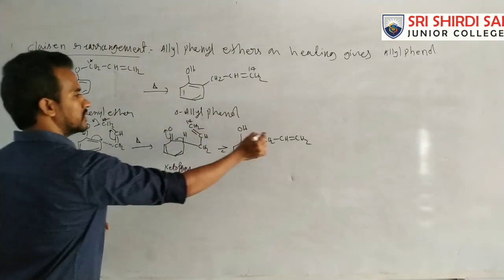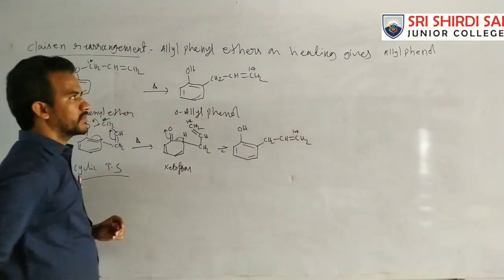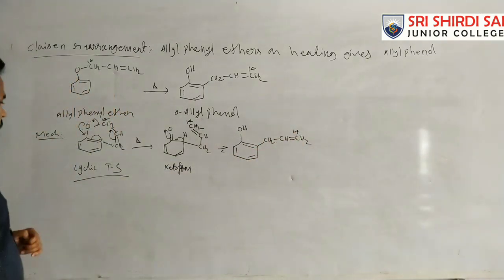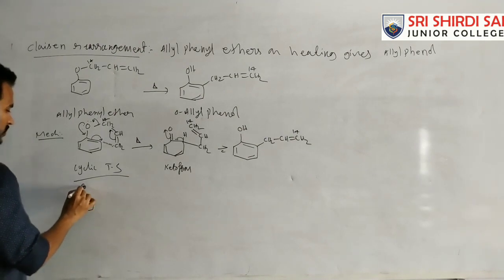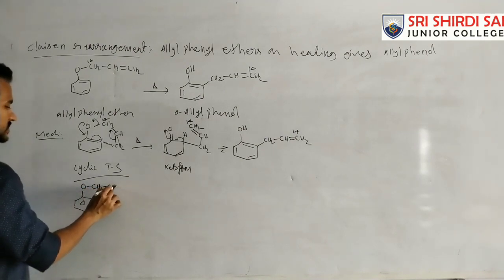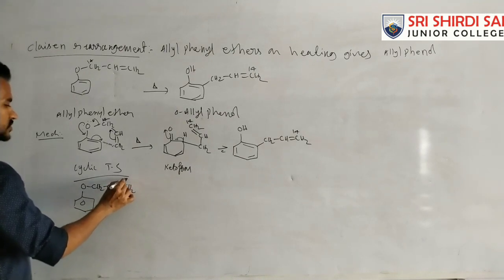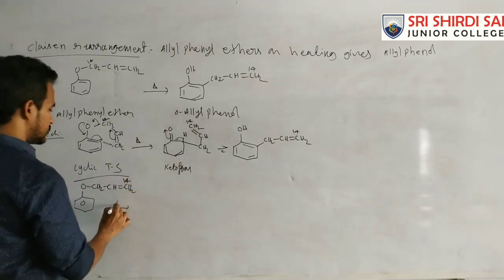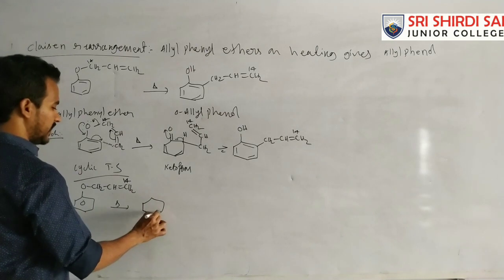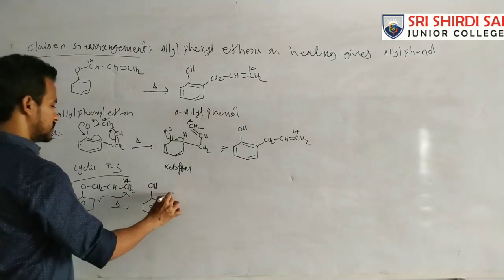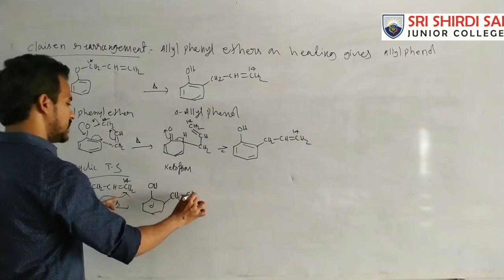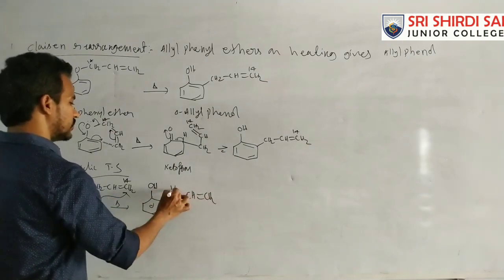For another example, OCH2 CH double bond CH2, with C14 here, on heating gives allyl phenol. Here OH, and this one forms a bond, so CH2 CH double bond CH2.